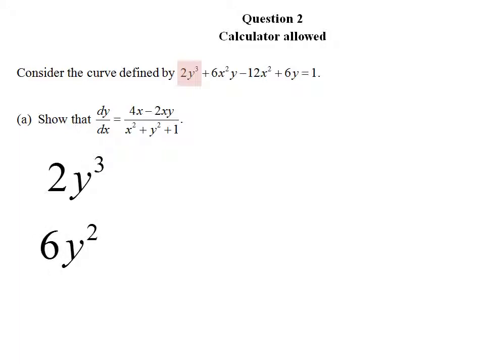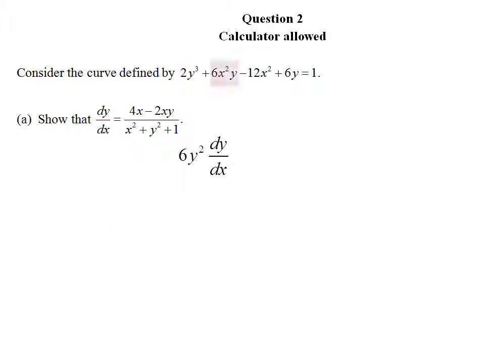But here we want the derivative with respect to x, so we're going to treat y as a function of x. That means we've got an inside function y, so we'll need to multiply by the derivative of y with respect to x. So just handling that first term contributes just one little bit to the result after differentiating both sides of this equation.